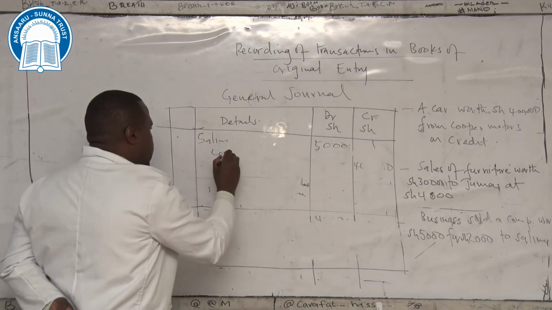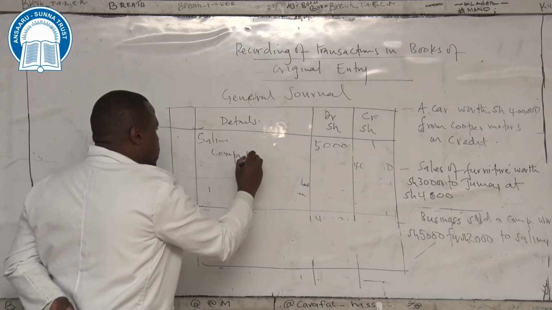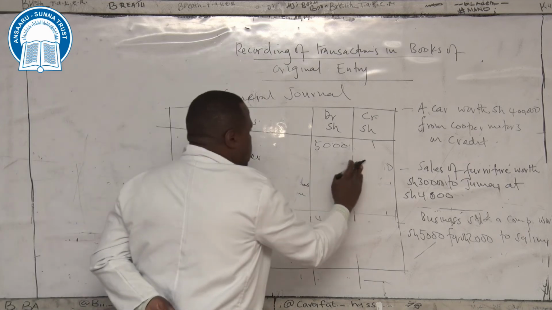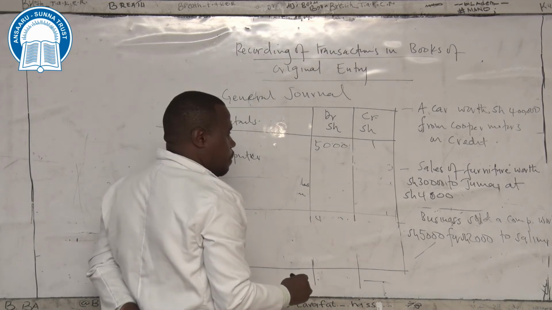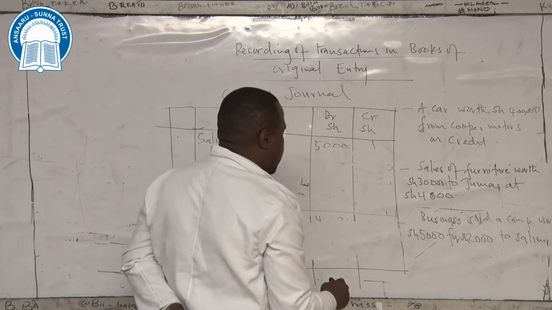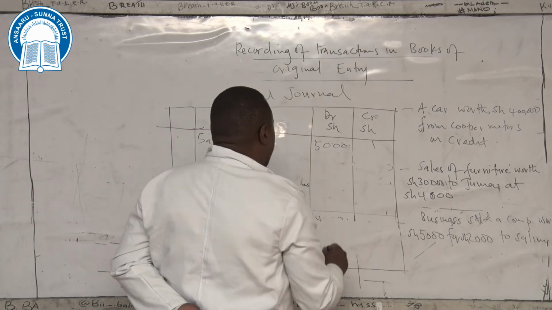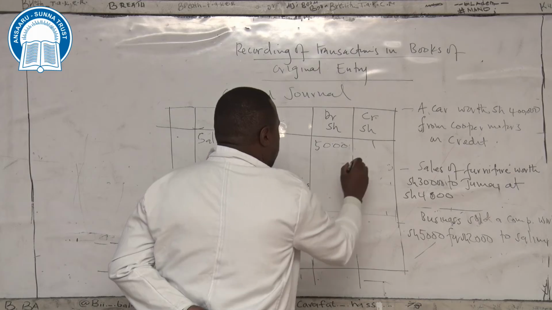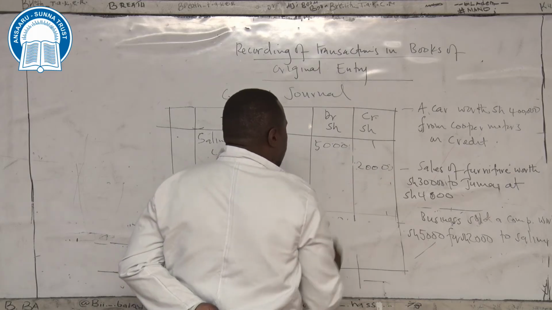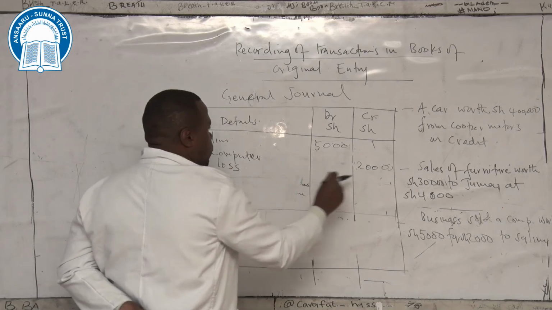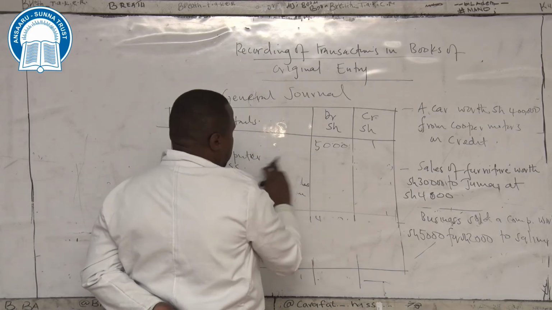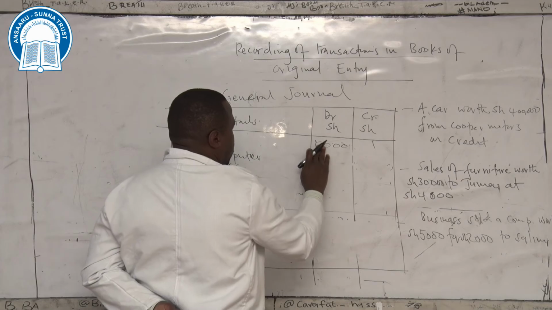Then the computer account, which the business computer was worth 5,000, but it was sold for 2,000. So here we'll have 2,000, but we'll have a loss because the computer is losing.